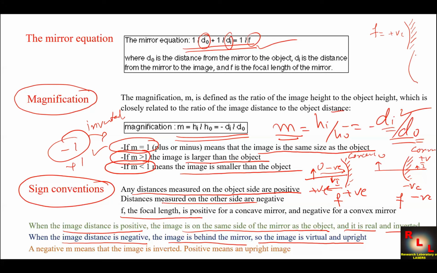In this case, F is negative. The distance of the image is positive, the distance of the image is negative. So M is negative and M is positive. So these are some rules when you solve problems related to spherical mirrors.